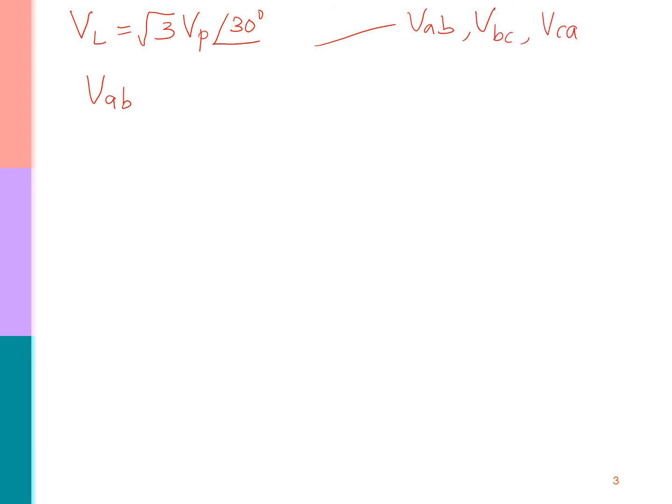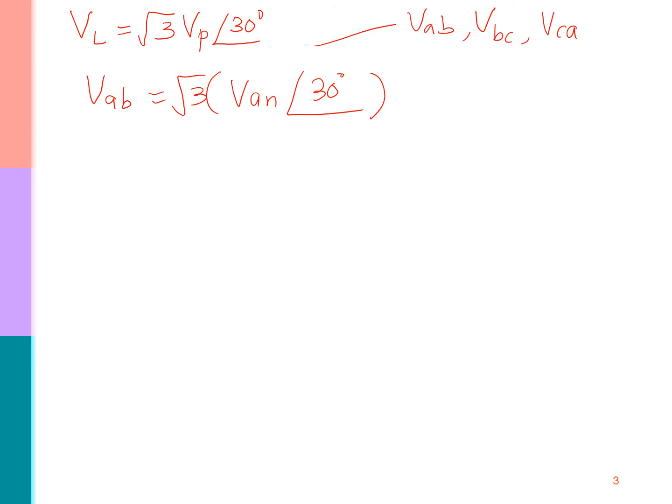For line voltage, we know that the line voltage is equivalent to square root 3 times V peak with a difference angle of 30 degree. The line voltages consist of VAB, VBC, and VCA. VAB is equivalent to square root 3 times VAN with angle 30 degree.